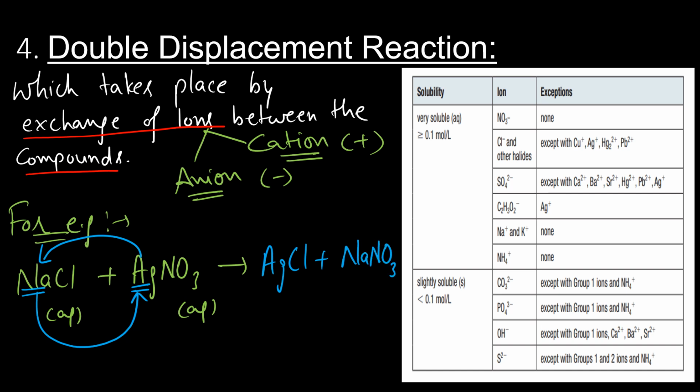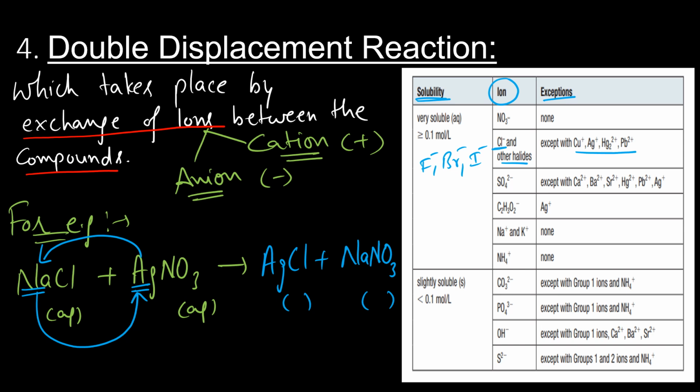Now it's time to check their physical state with the help of this solubility chart. This solubility chart explains the solubility of these ions, with some exceptions. We can see here that chlorides or other halides, which can be fluoride, bromide or iodide as well, are insoluble with these metals: copper, silver, mercury or lead.